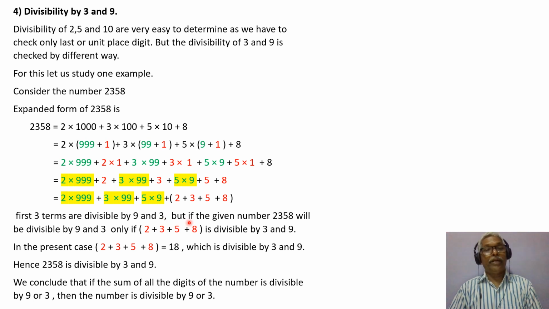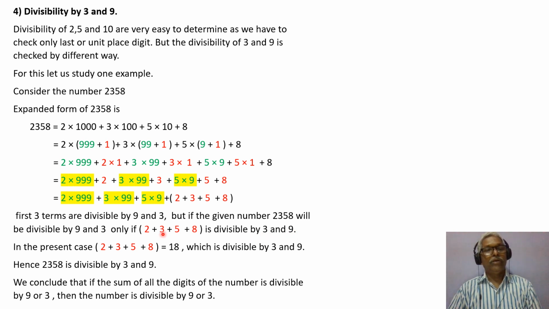But the given number 2358 will be divisible by 9 and 3 only if the addition 2 plus 3 plus 5 plus 8 is divisible by 3 and 9.